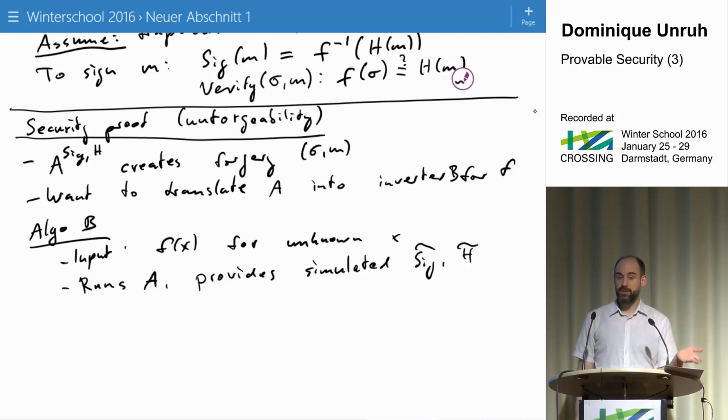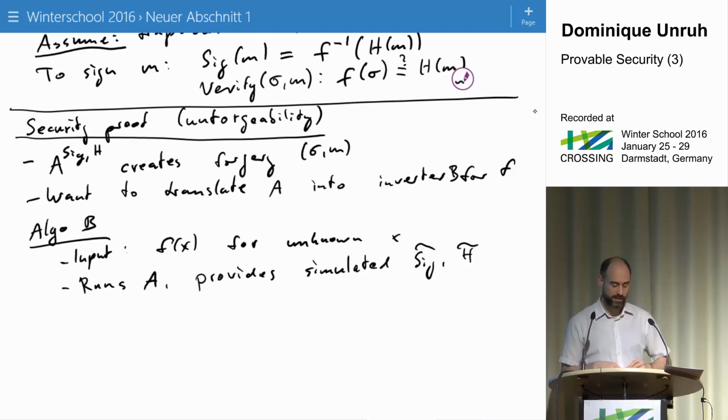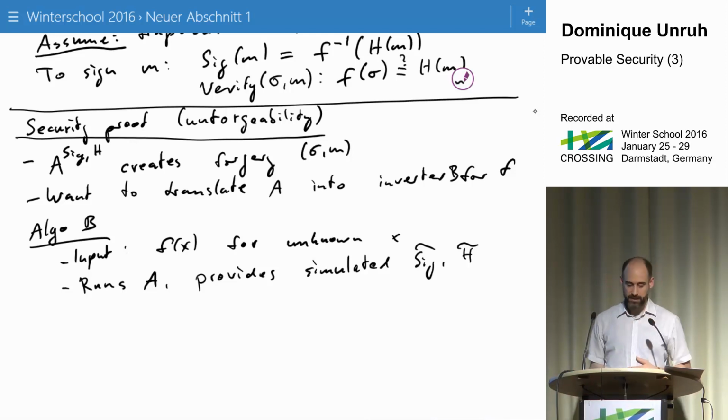He needs to simulate the signing oracle because he doesn't know the secret key, so he can't just run it normally. He needs to give the adversary something that looks like the signing oracle but isn't. And with the random oracle, he also needs to produce a simulated one. Not necessarily, we could put the honest one in, but then the proof won't work. So we'll put a different fake random oracle in, which is used to trick the adversary A into revealing the inverse of f of x.